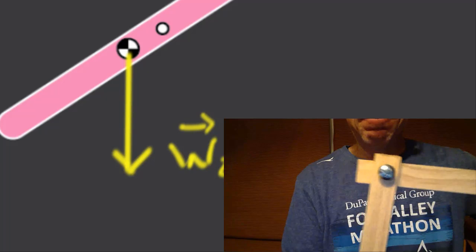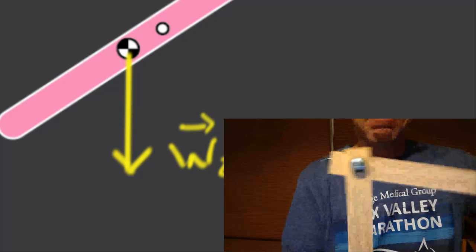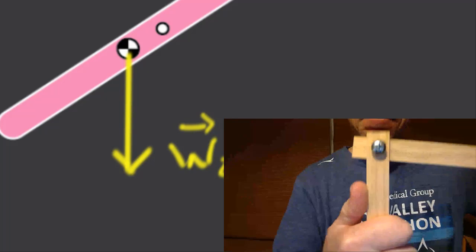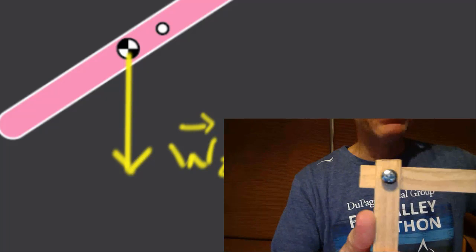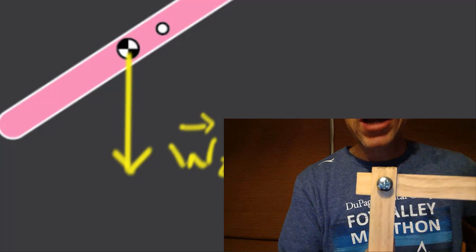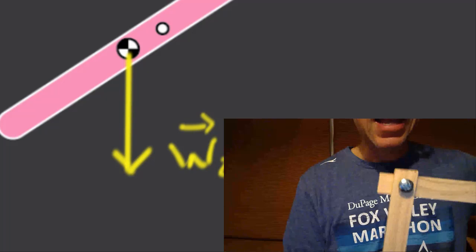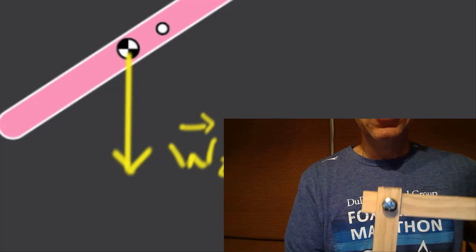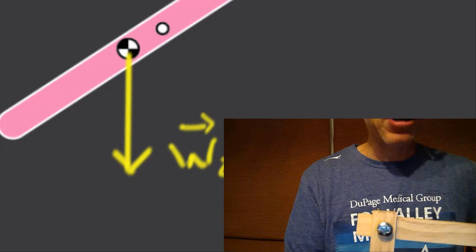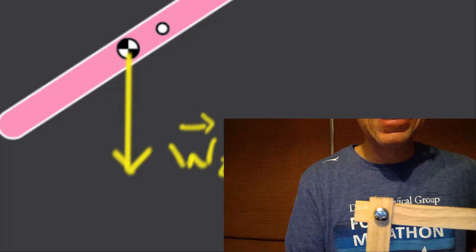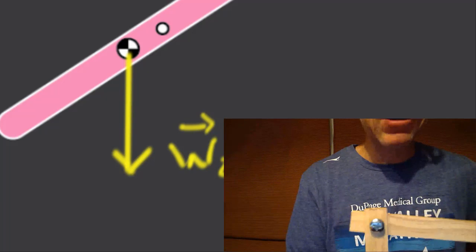And I've purposely made my hands pliable here so it does move, but if they had a perfectly rigid pin joint there, it would not move left and right. It also would not move up and down, right? So here's me trying to move these things up and down. Again, the pin provides a push or a pull to prevent these two things moving left and right or up and down.